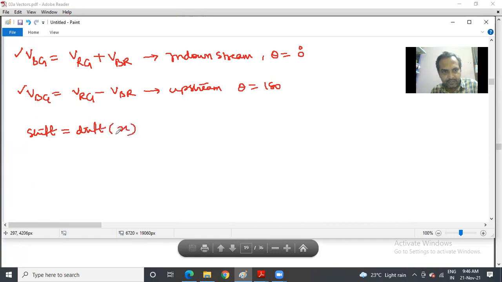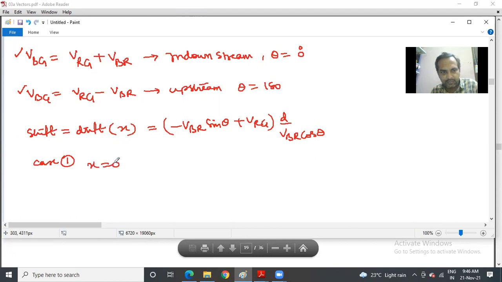So x is equal to minus VBR sin theta plus VRG, into d by VBR cos theta. So you had two equations here. Case one: suppose the person in the boat wants to get zero drift, so x is equal to 0.